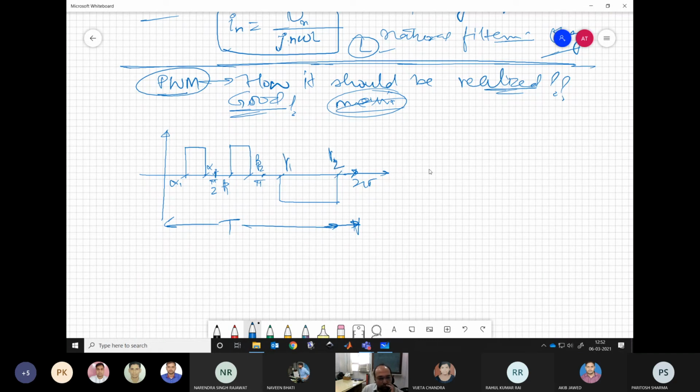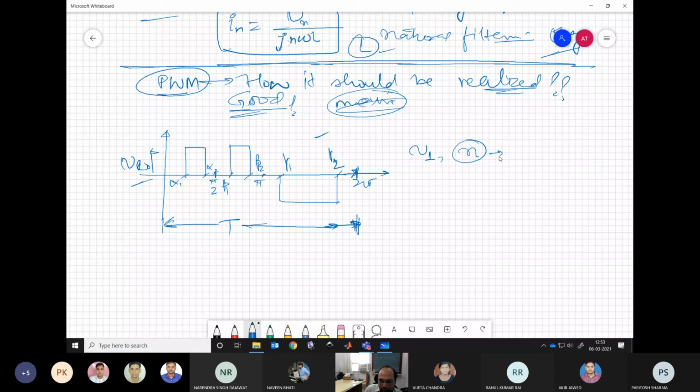Now, we need to understand what we can have in the system. Let us say we are trying to avoid some of the lower order harmonics, but which harmonics and how to avoid, we will understand from here. So let us say this is the waveform we are generating. Certainly we know if this pattern is repeating, I am again emphasizing that, we will have the fundamental component and we will have multiples of that.